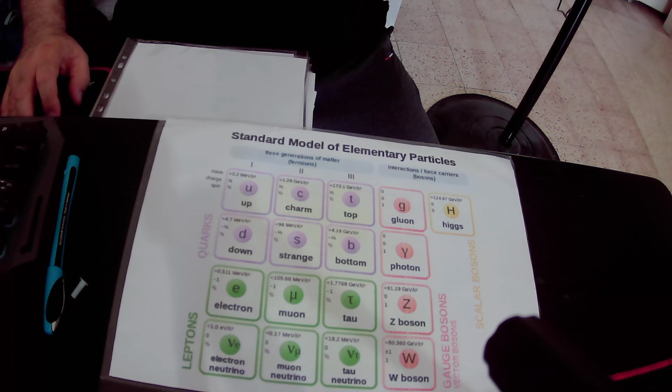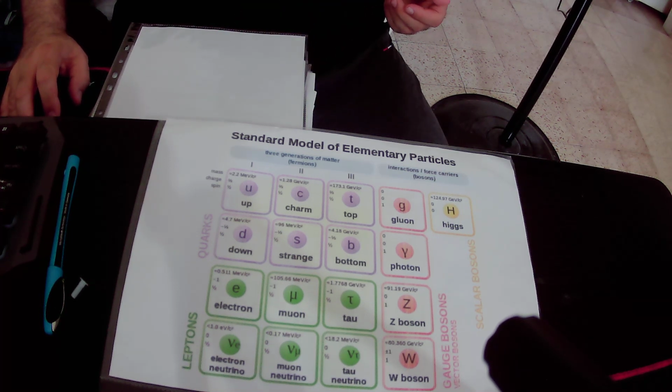The number of protons in the nucleus determines which chemical element it is. For example, oxygen has 8 protons in the nucleus, while hydrogen has only 1 proton in the nucleus.